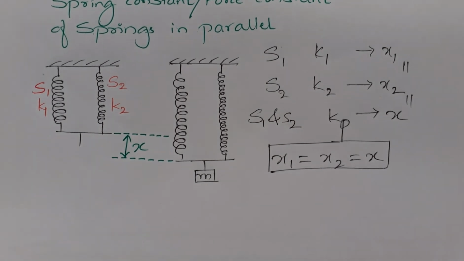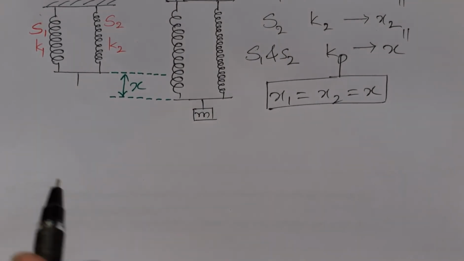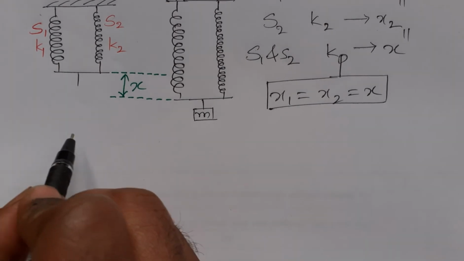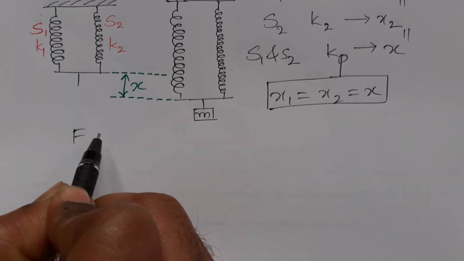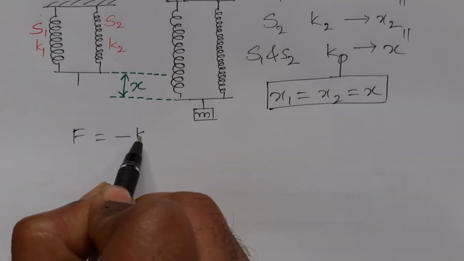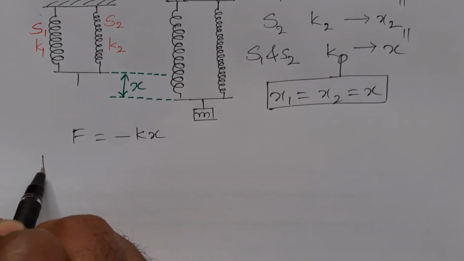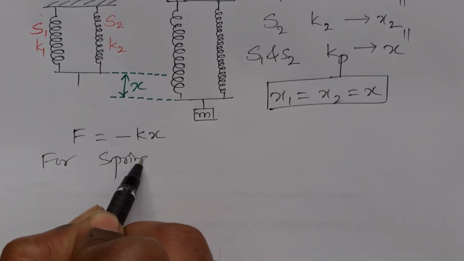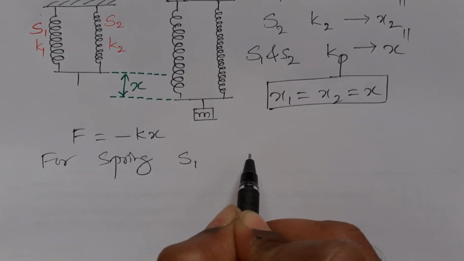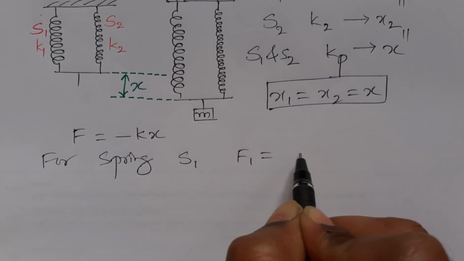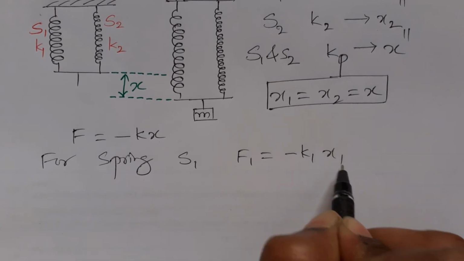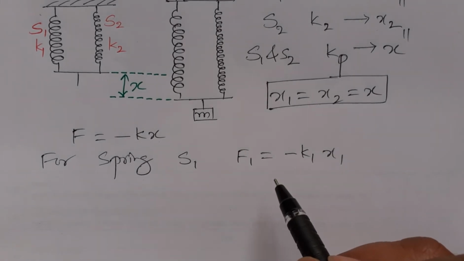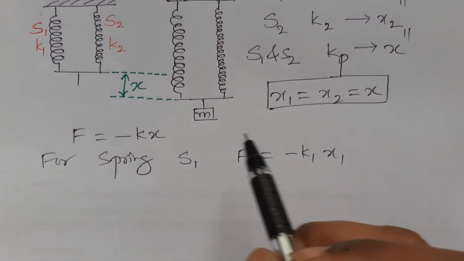Now let us write according to Hooke's law, or the definition of SHM: restoring force is equal to minus k into x. For the spring S1, it will be F1 is equal to minus K1 x1. Here there are two forces acting on this spring.